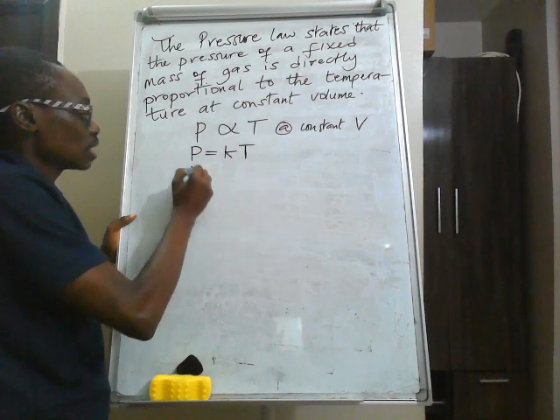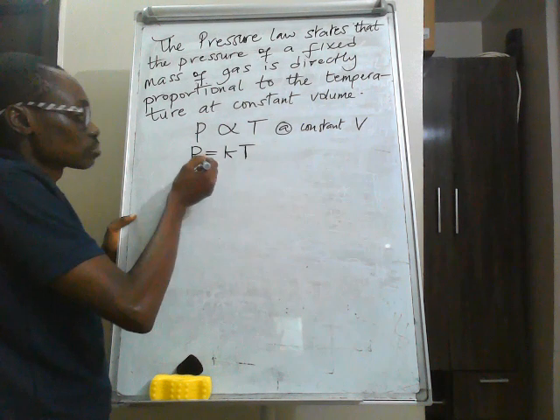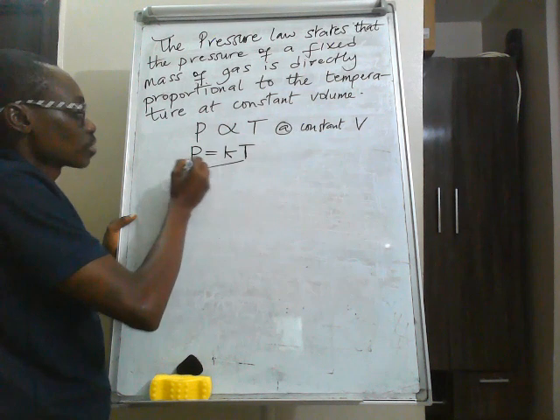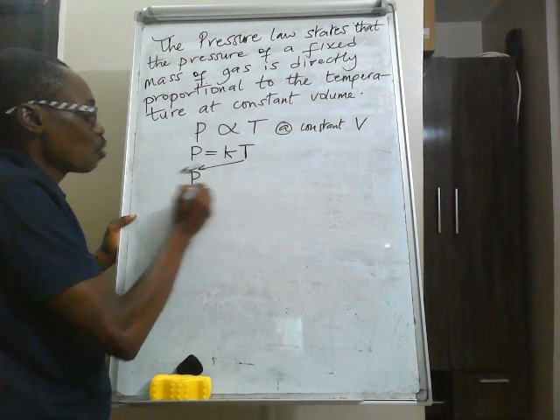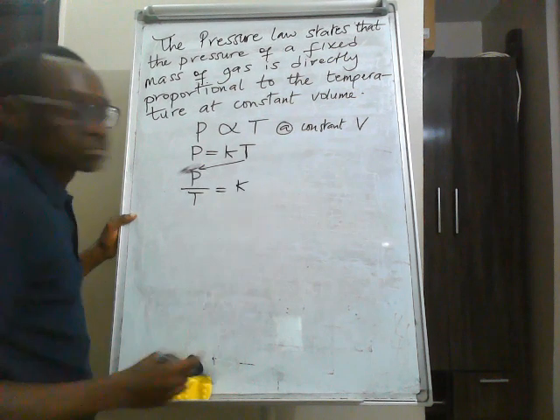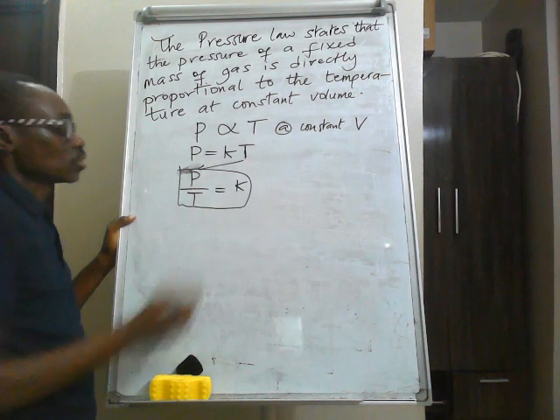So this becomes that. This is going to come down below. You cross multiply, this comes down. So you have P over T equals K. Okay.